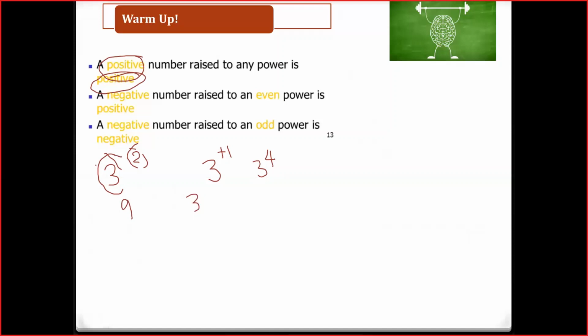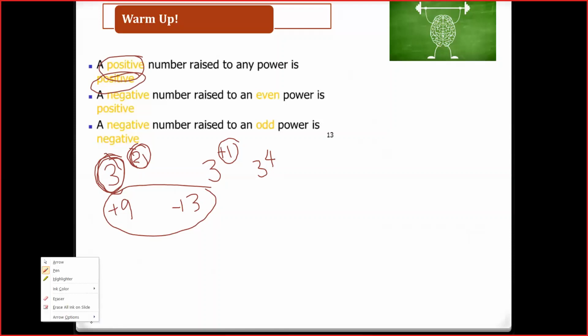So if you have a positive number with any power, the answer is positive. Okay?